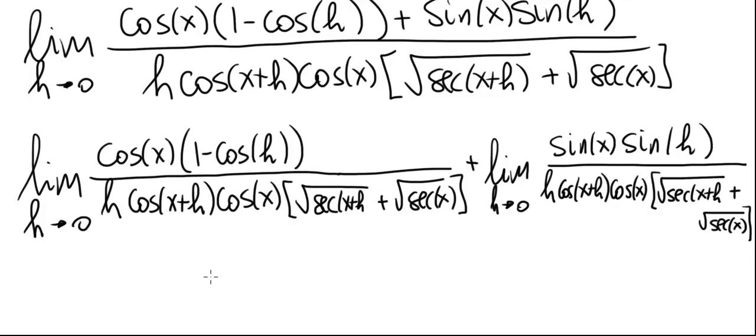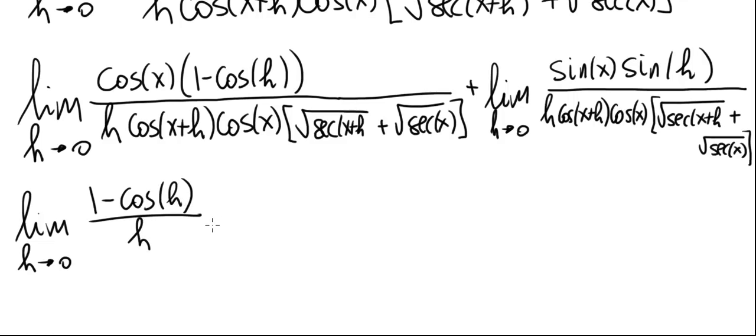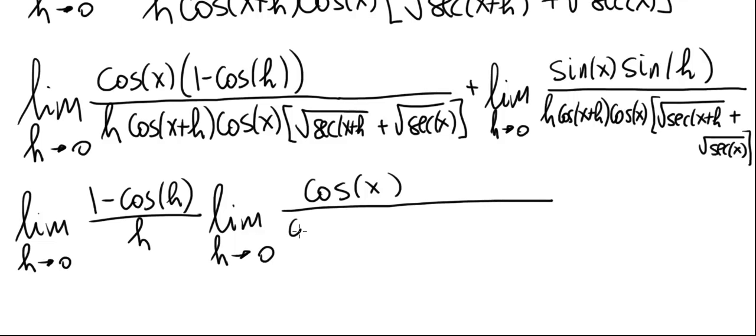And now let's write these as a product of two limits each. The first limit here is the limit as h goes to 0 of (1 minus cosine of h) over h, times the limit as h goes to 0 of cosine of x divided by cosine of x plus h times cosine of x.